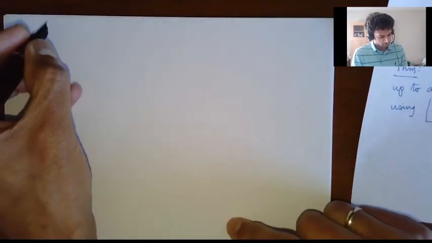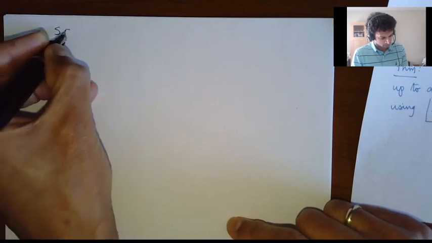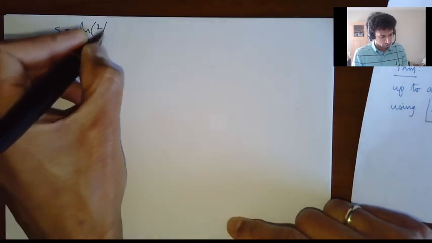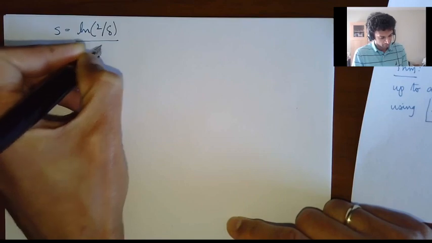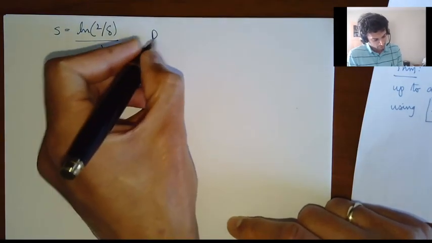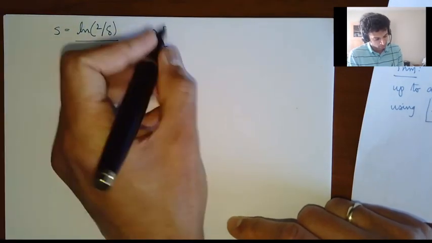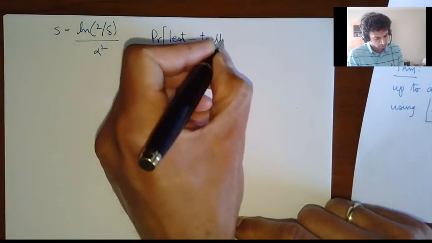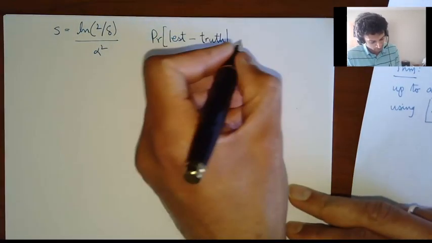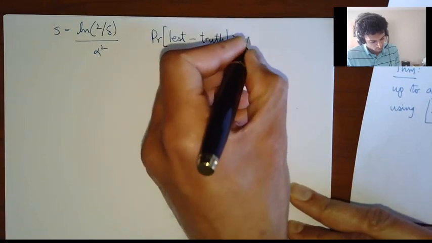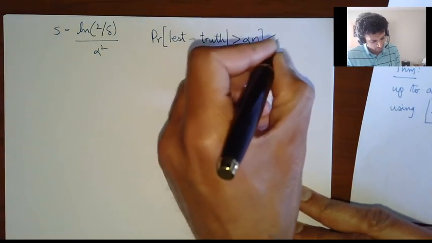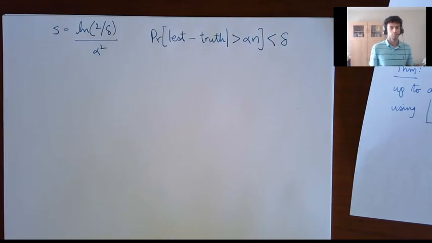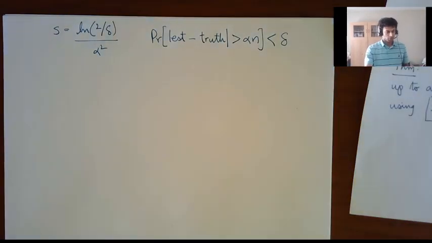The samples were log 2 divided by delta, divided by alpha squared. And the guarantee that I got is that the probability that the estimate minus the truth is more than alpha times n is at most delta. Right?